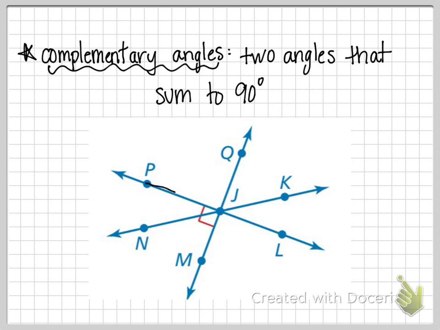Very good. Angle PJN and angle NJM are complementary because when we add them together, they form that 90-degree angle.